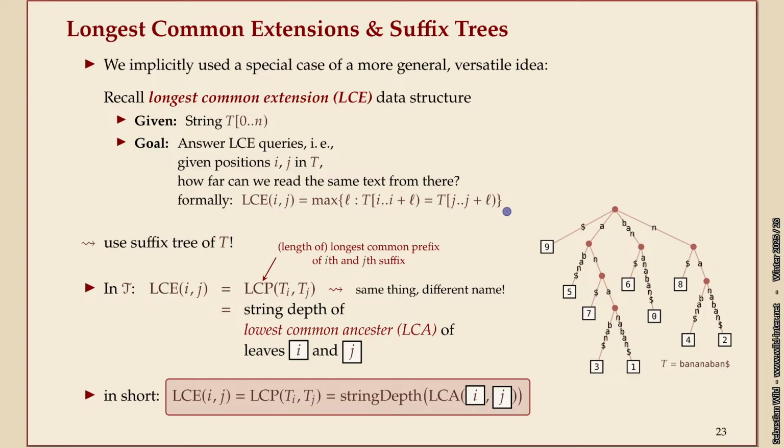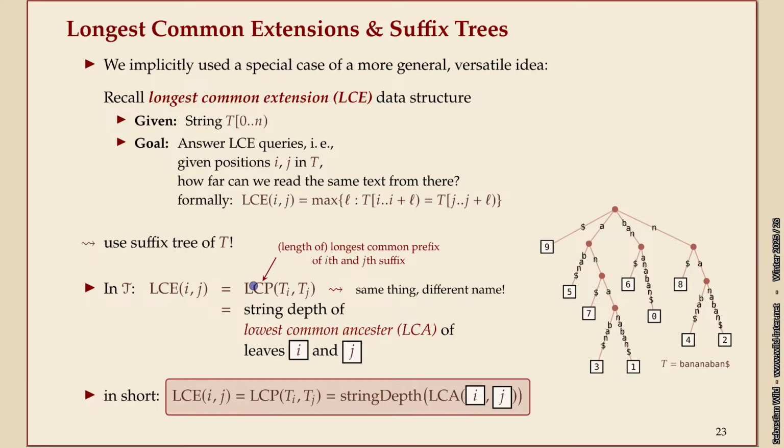This always has to happen because at the very least one of them will end with a dollar, which cannot occur in a different position in the other suffix. So all we're eventually asking is, given two suffixes, which is two leaves in the suffix tree, what's the lowest common ancestor? That's the same thing.